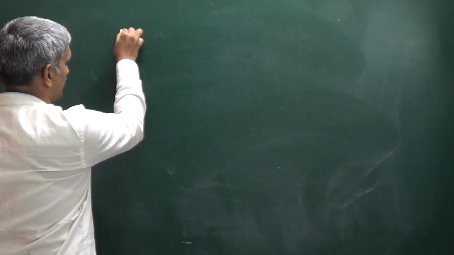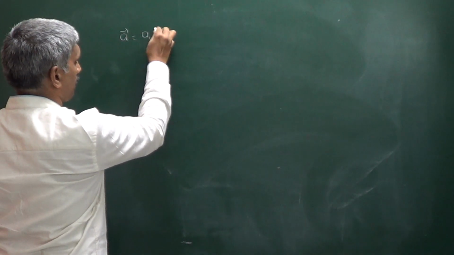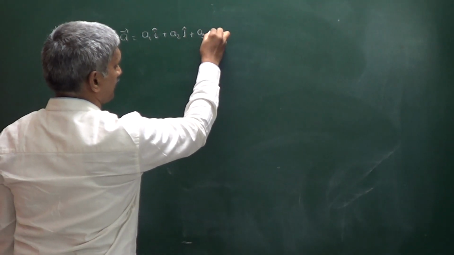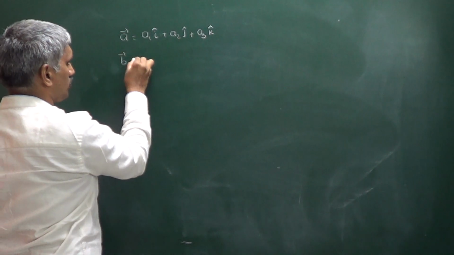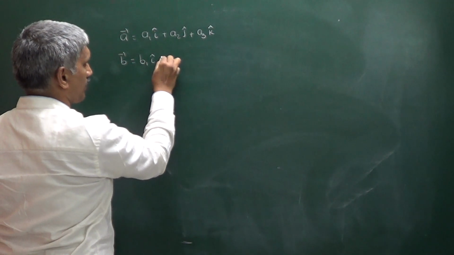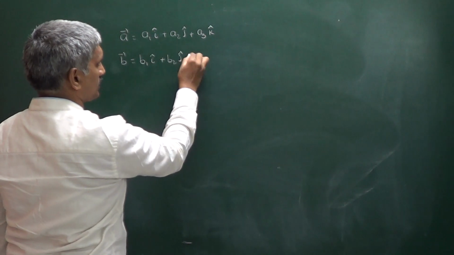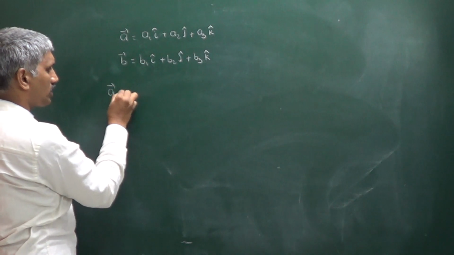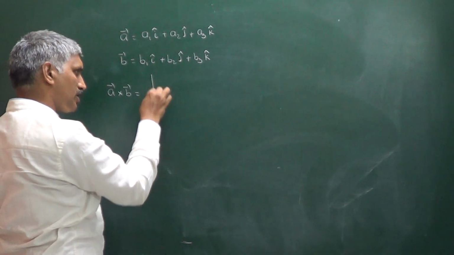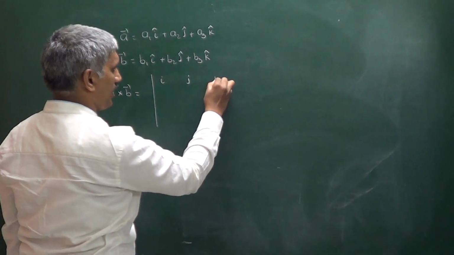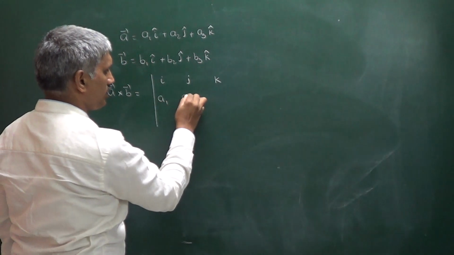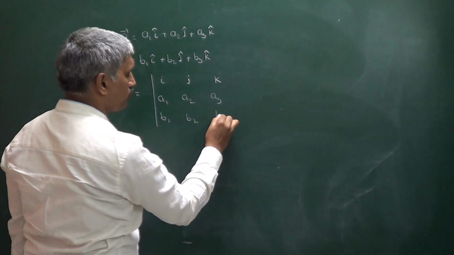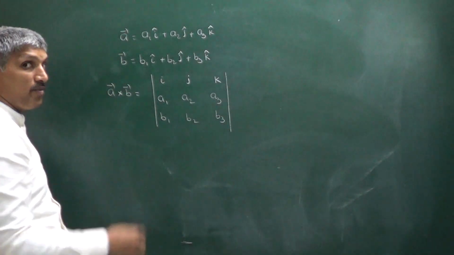One vector A bar is given as A1 I plus A2 J plus A3 K. The other vector B bar is equal to B1 I plus B2 J plus B3 K. Now I can write A bar cross B bar is equal to the determinant of I, J, K, A1, A2, A3, the next one is B1, B2, B3. So that is A bar cross B bar.